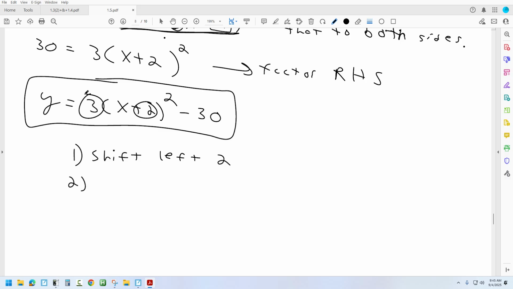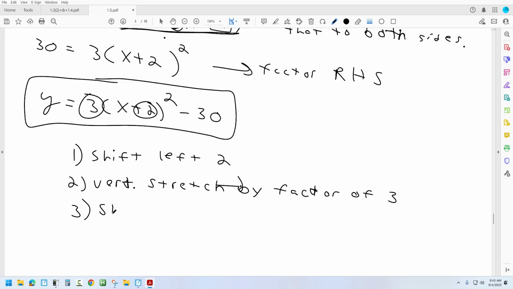What's the 3 going to do? A vertical stretch by a factor of 3. And the last one, that minus 30, is a shift down 30.